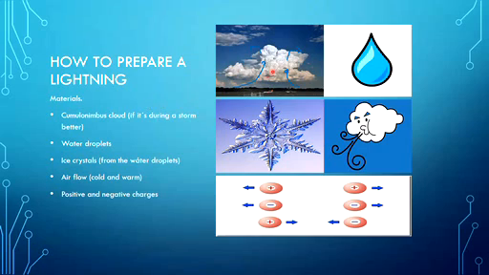Obviously, during a storm, the cloud has to have some water droplets, which are necessary for the lightning to be created, and also some ice crystals are going to be created from the water droplets that are going to be inside our cloud.